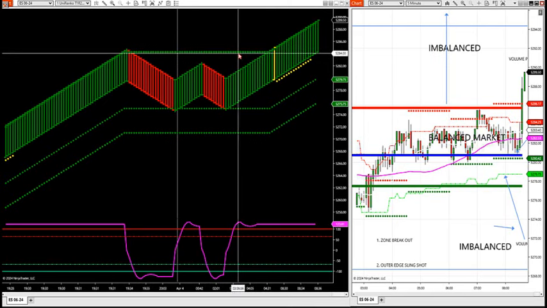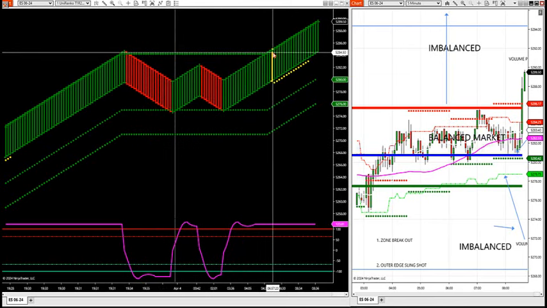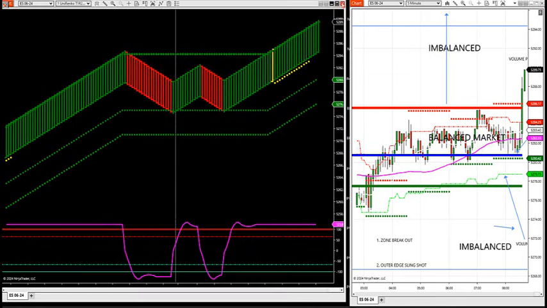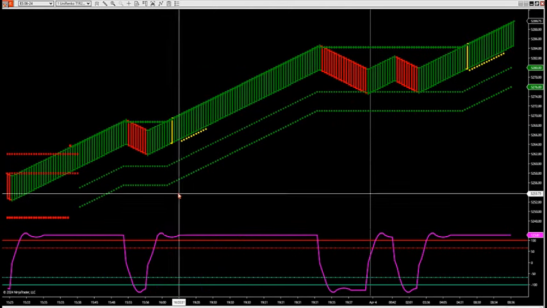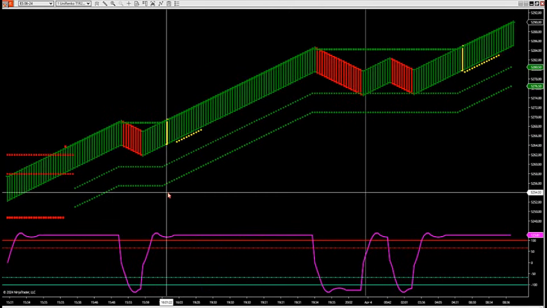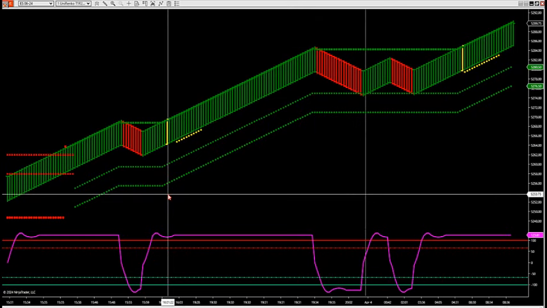A zone breakout would occur, these little dots will occur, and a yellow entry bar would happen like this. So this happened at Power Hour yesterday. We had a breakout into an imbalanced market.